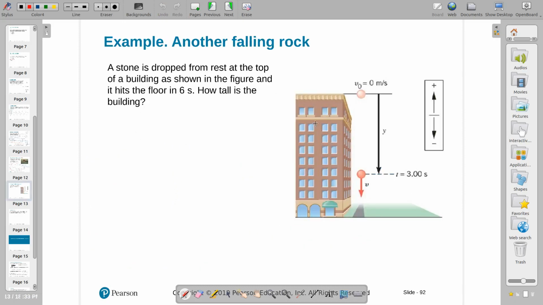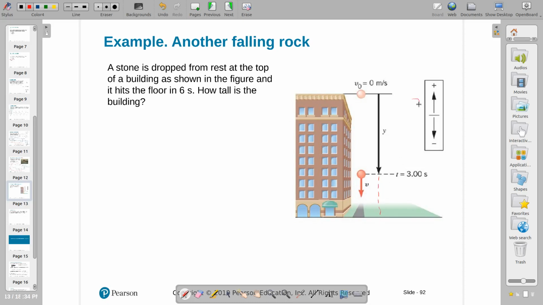There's another one that is very similar to the one we solved in class. A stone dropped from rest at the top of a building as shown in the figure here. We have initial velocity 0, increases to a velocity, 3 seconds passed. Shorter version here. Everything is shown in the picture. It hits the floor at 6 seconds, so it's looking at continuation of the motion here.